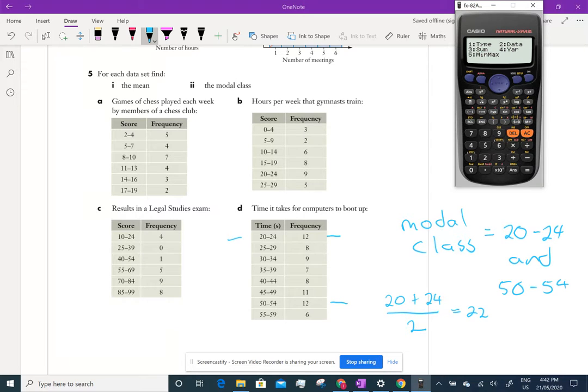So if I go here and I go to data, so 22, 27, so 12, 8, 9, come on, go down, 7, 8, 11, 12, you can see there, I've put in 16 and it's only 6.